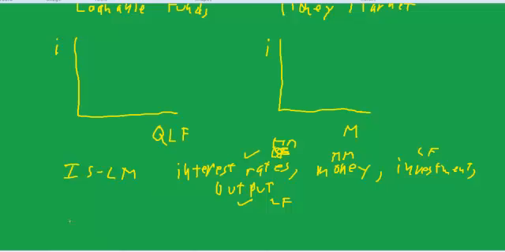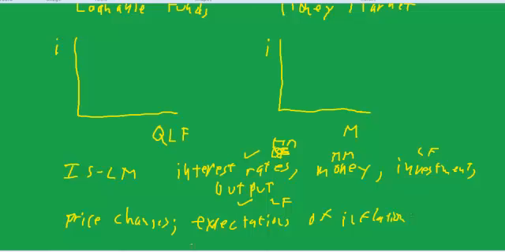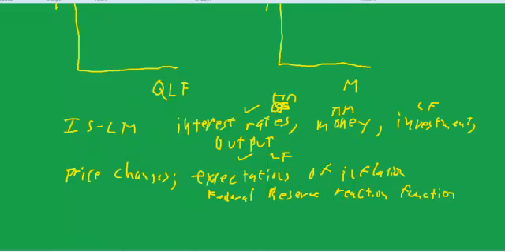Things that are left in the background include changes in the price level, expectations about inflation, something called the Federal Reserve reaction function. That's how the Fed might respond to various developments. The term structure of interest rates.